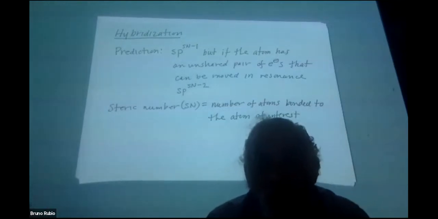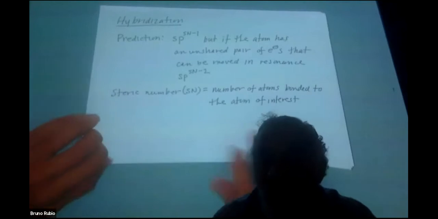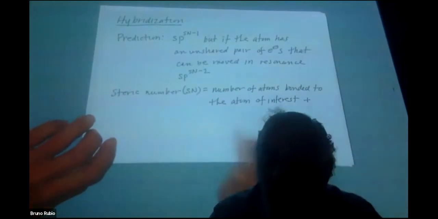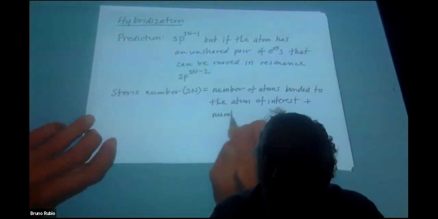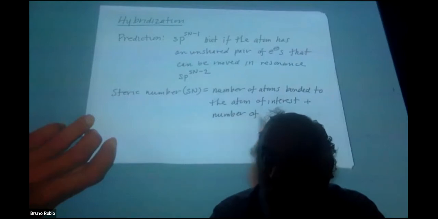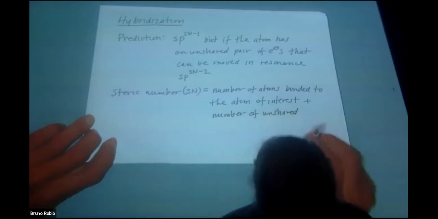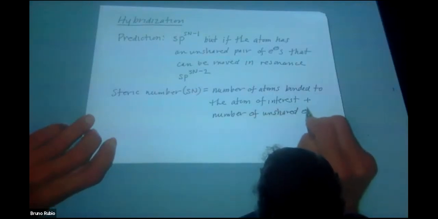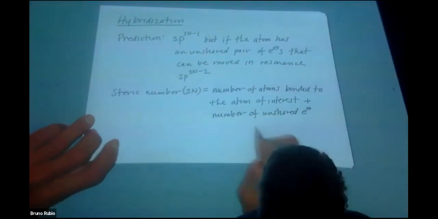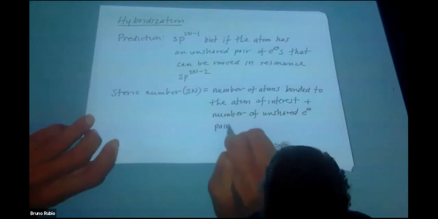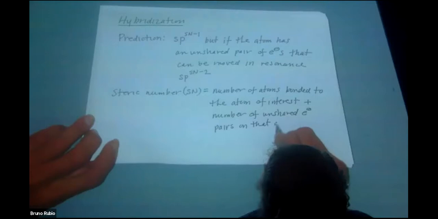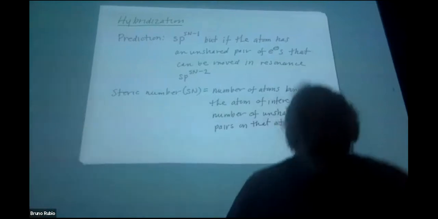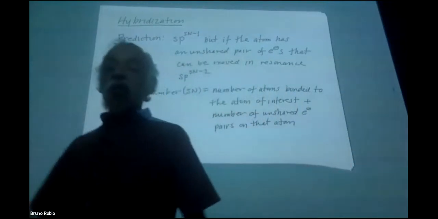It's the number of atoms bonded to the atom of interest plus the number of unshared electron pairs on that atom. All right, so this is the steric number.